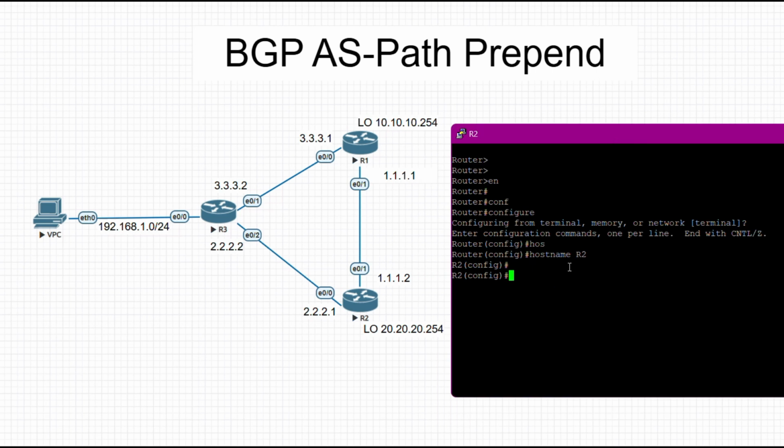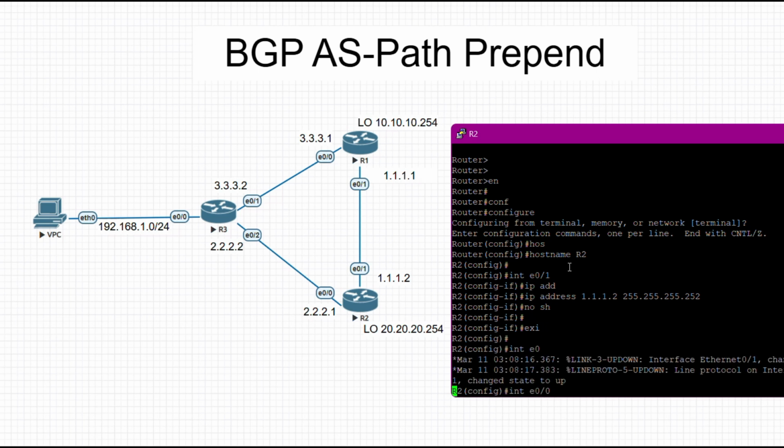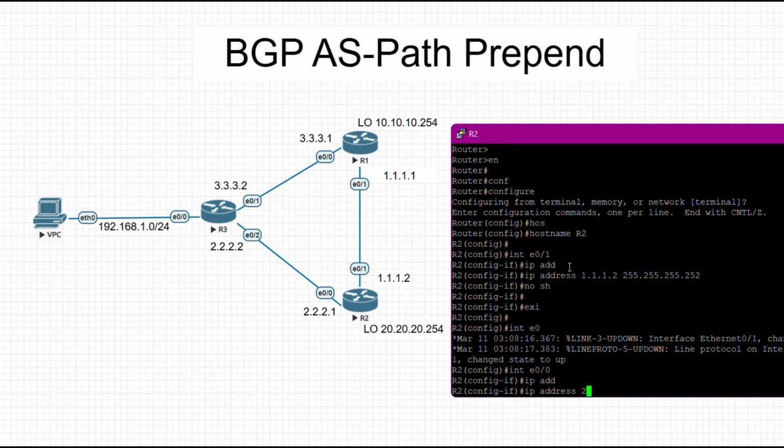And facing E0/1 is the R1 router, so let's configure the IP address, and that will be 1.1.1.2/32. After that, we need to configure facing R3 router, that's 2.2.2.1/32. Of course, we need to enable this interface, so type in no shut.